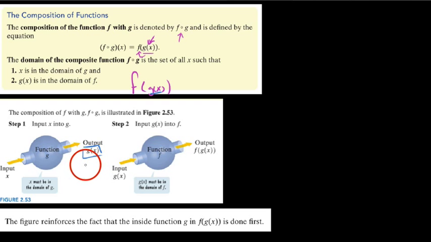Then we take that and plug it into the function for f. We're taking the output g of x, sending it in line through this other machine, f, which under that rule spits out f of g of x, or in other words, the y value at that input value, which in this case was g of x.